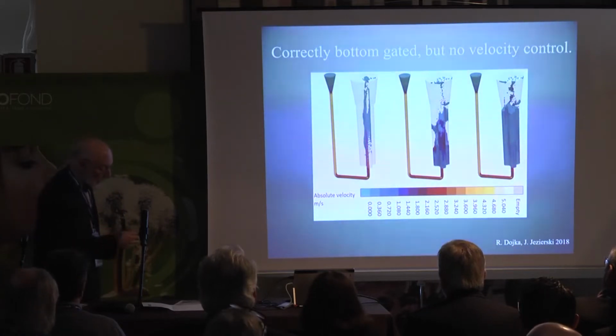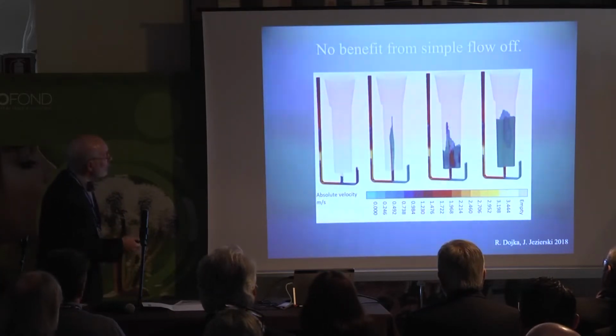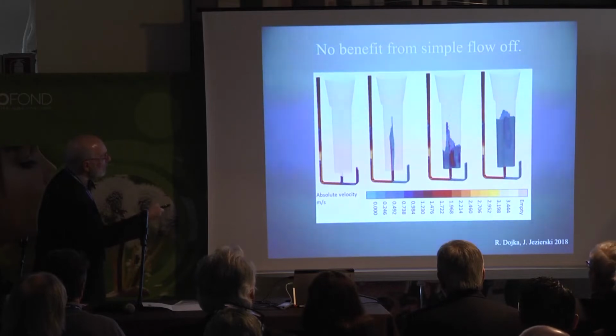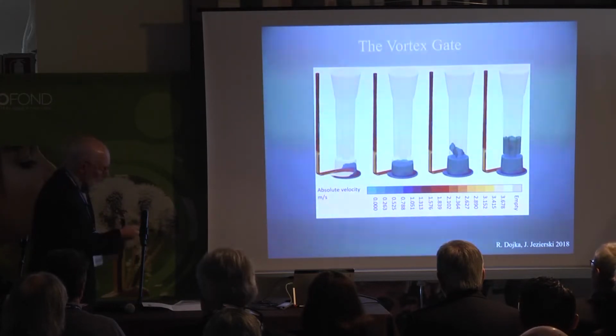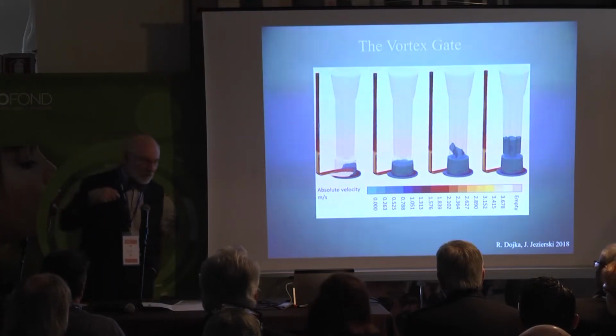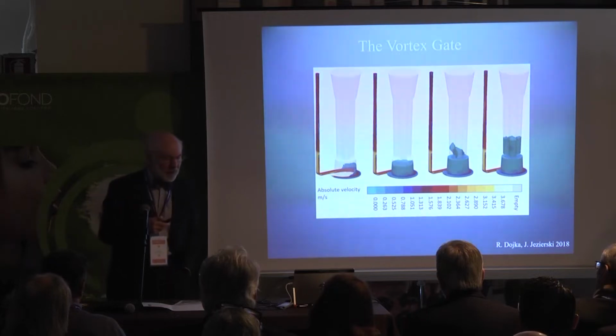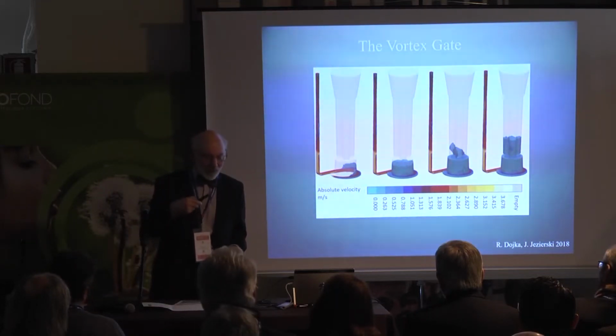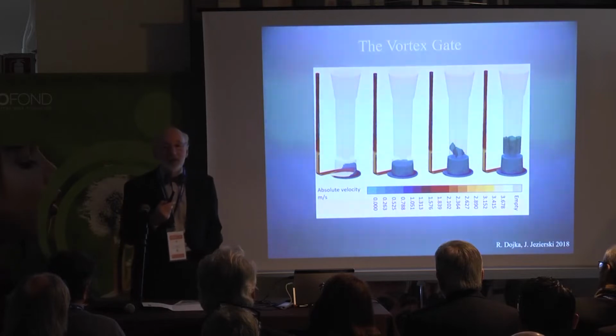Okay? So if we move on and we put on a small offshoot here, it helps a little, but it's nearly useless. And if we move on to a vortex gate, you remember some years ago, back in 2011 or 2012, I thought about the vortex gate.